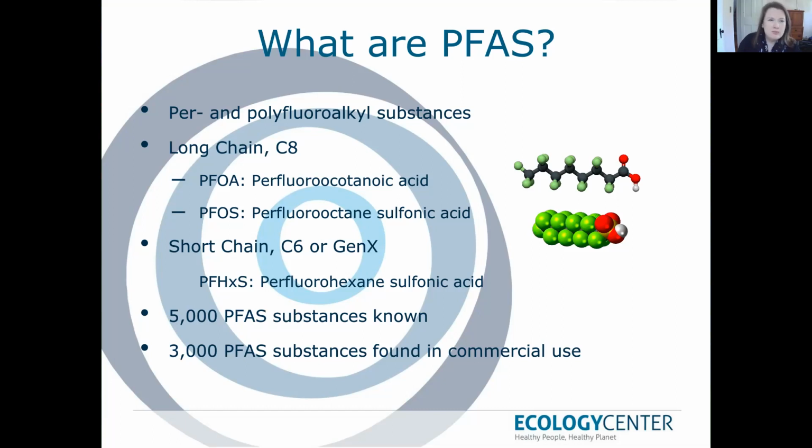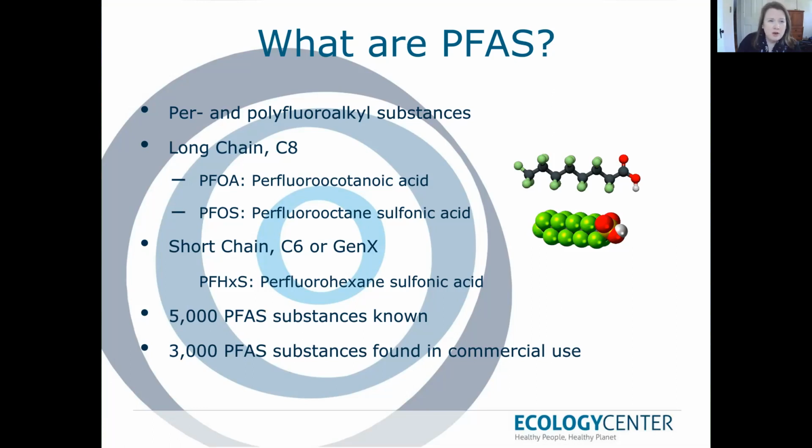We break these broadly up into long chain and short chain PFAS chemicals. And then there are other sorts of differentiation beyond that. But the long chain ones like PFOA and PFOS are chemicals that we know more about. There's been quite a bit of study on this in the scientific literature, more health studies related to these chemicals and things like that.